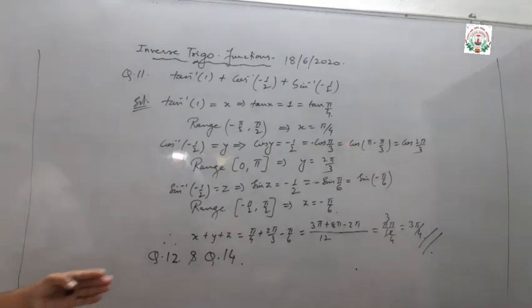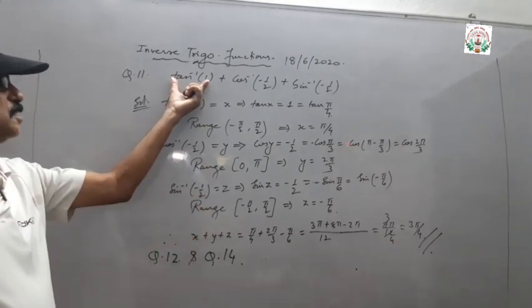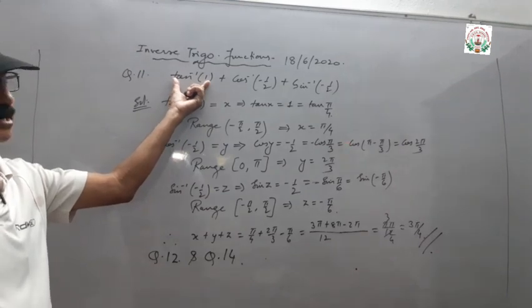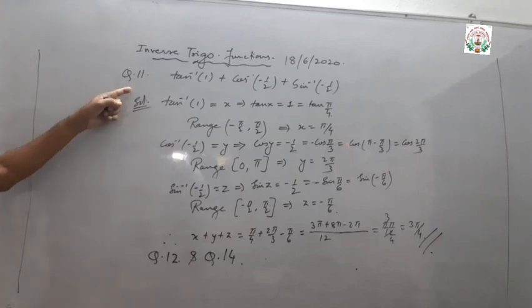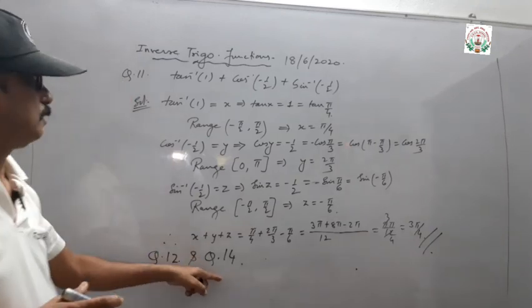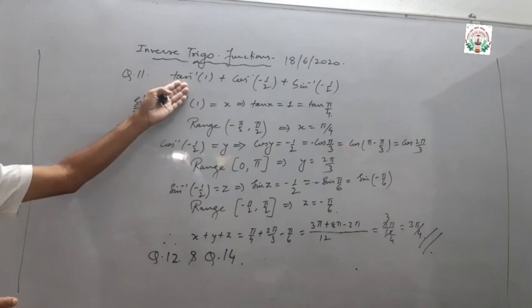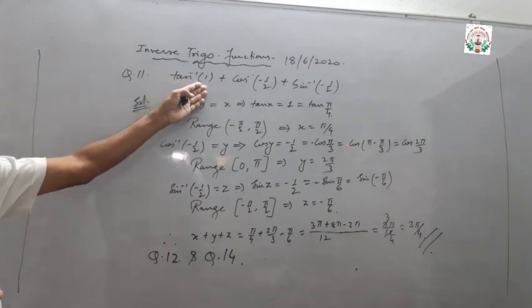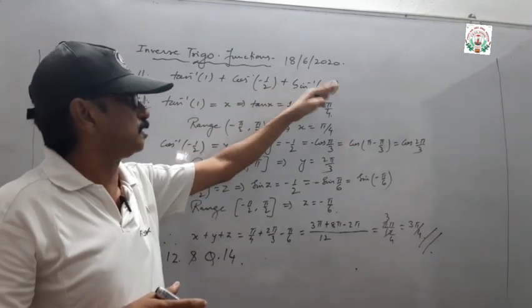What we are doing in question 1 to question number 10, separately we are solving each question and getting the principal value. But in question number 11, 12 and 14, there is an equation, such that in question 11, tan inverse of 1, cos inverse of minus 1 by 2 plus sin inverse of minus 1 by 2.